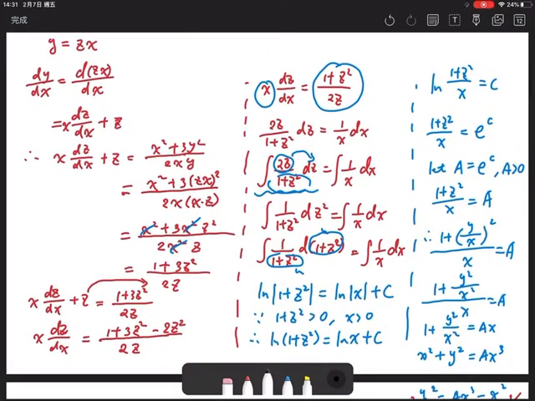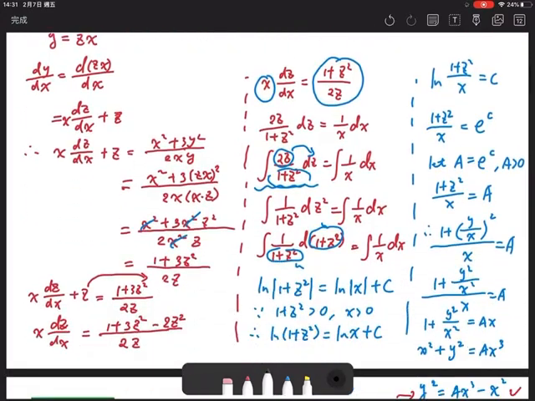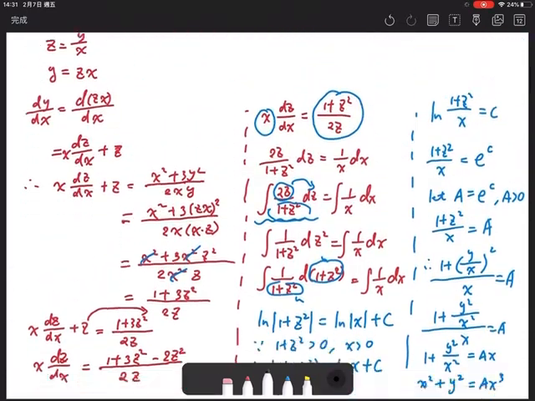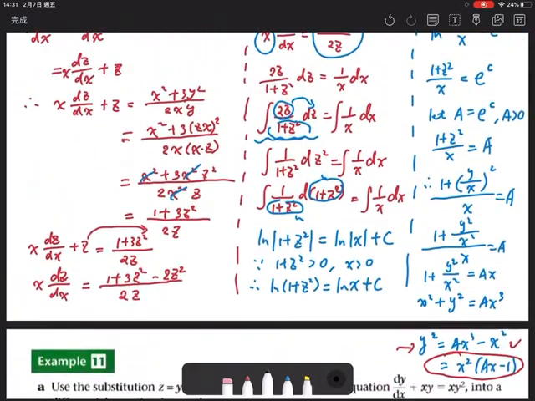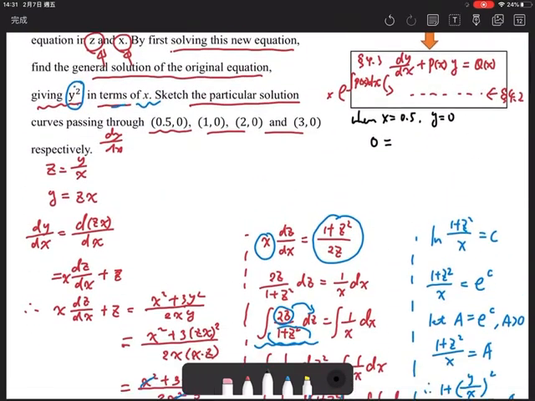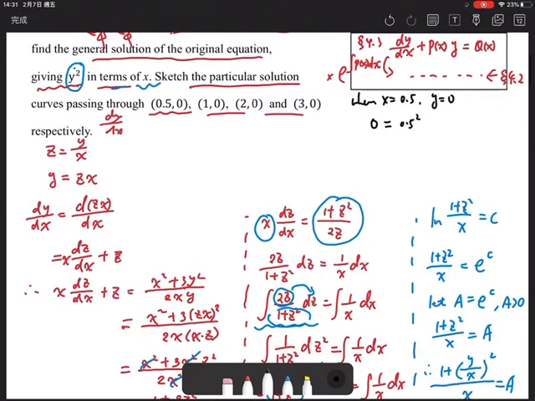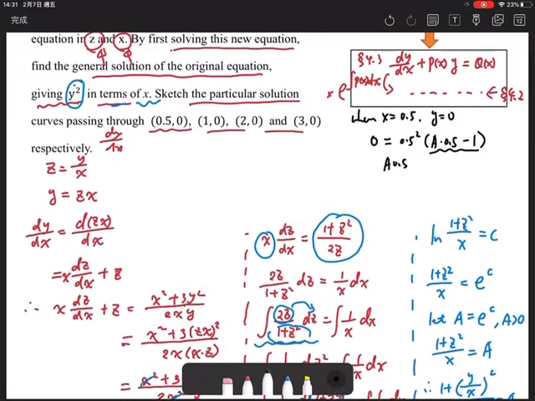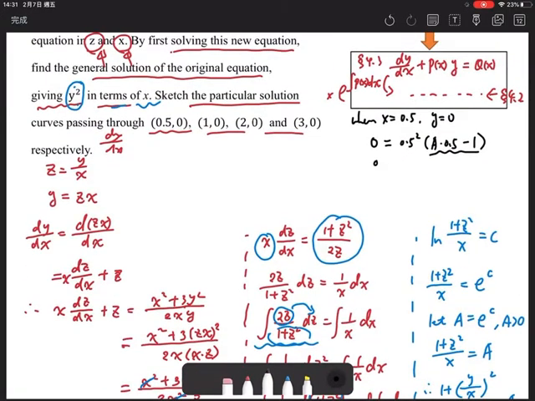So we do substitution, y is 0 equals 0.5 squared times a times 0.5 minus 1, so it means that this one is 0, so 0.5a minus 1 is 0, so a just equals 2.